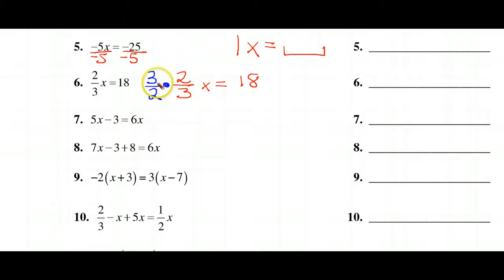And if we do something to one side, we must do that to the other side. Now here we can do some cross canceling. 2 will go into there once, 2 will go into there 9 times, and then here everything cancels out, and we're just left with a 1 everywhere. So this then becomes a 1x. We don't write the 1, but then on this side we go 9 times 3 is 27.